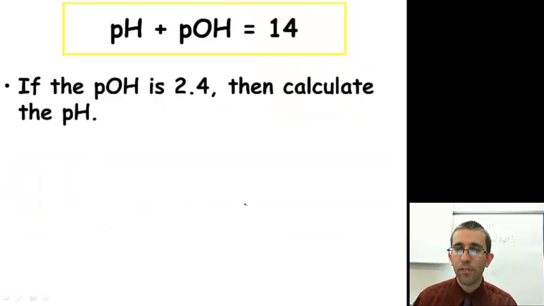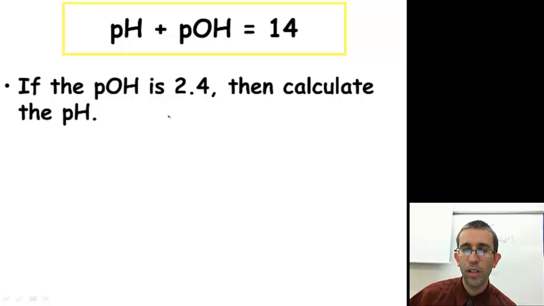All right. So one more calculation to show. This one's a fairly simple one. If you have the pOH, you can easily find the pH and vice versa, because pH plus pOH is equal to 14. You need to know this. pH plus pOH equals 14. So if the pOH is 2.4, calculate the pH.